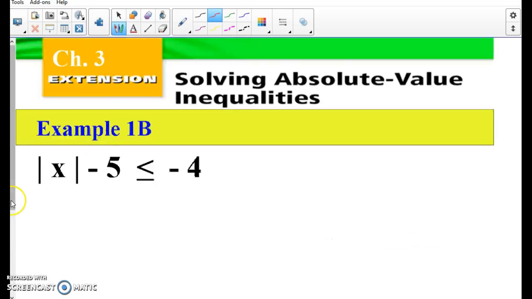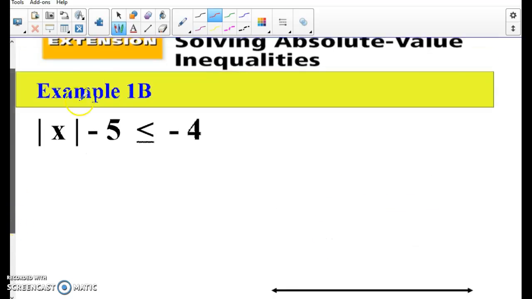Let's do another one. So kind of the same thing here. I have absolute value of x minus 5. So I'm going to add 5 to both. We'll do this one in red. So I have absolute value of x is less than or equal to a positive 1. Okay, and then I'm going to flip my sign. So I have x is then greater than or equal to a negative 1.